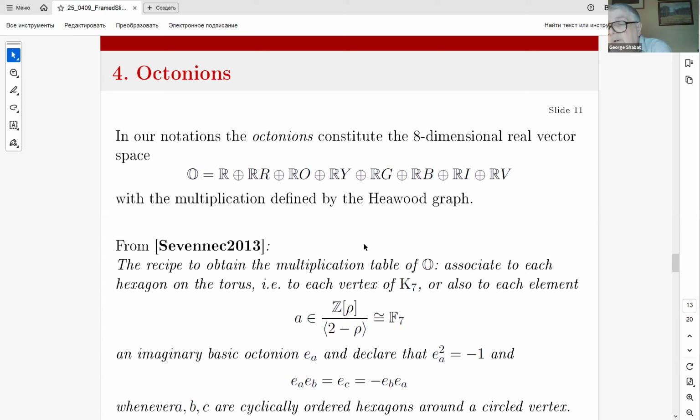However, they are remarkable, and mathematicians stop here because all of them are division algebras. Every non-zero element has the multiplicative inverse.